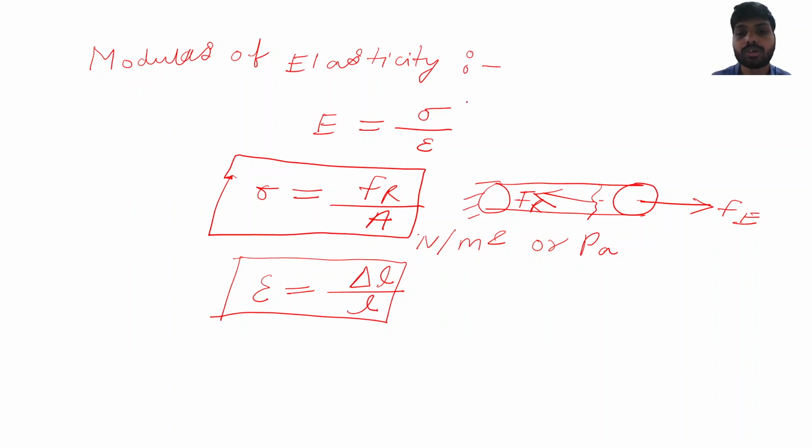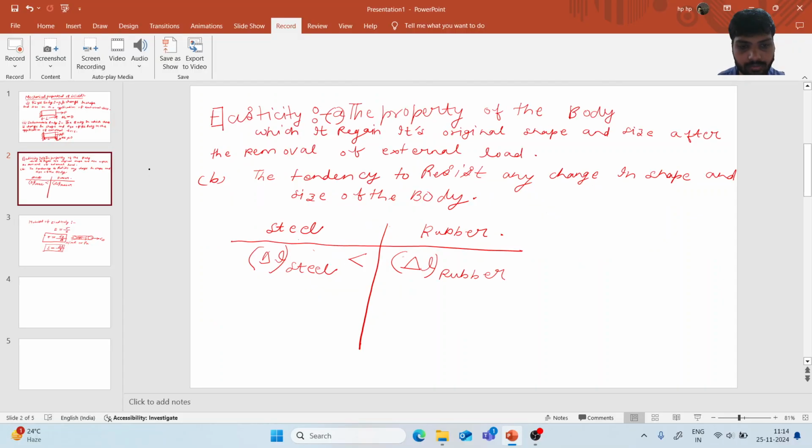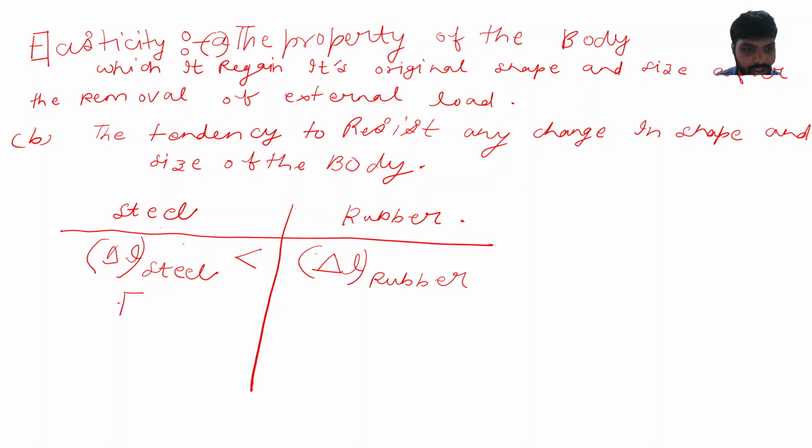as compared to rubber. So we go back to the previous slides and write this as: modulus of elasticity of steel is higher than modulus of elasticity of rubber.